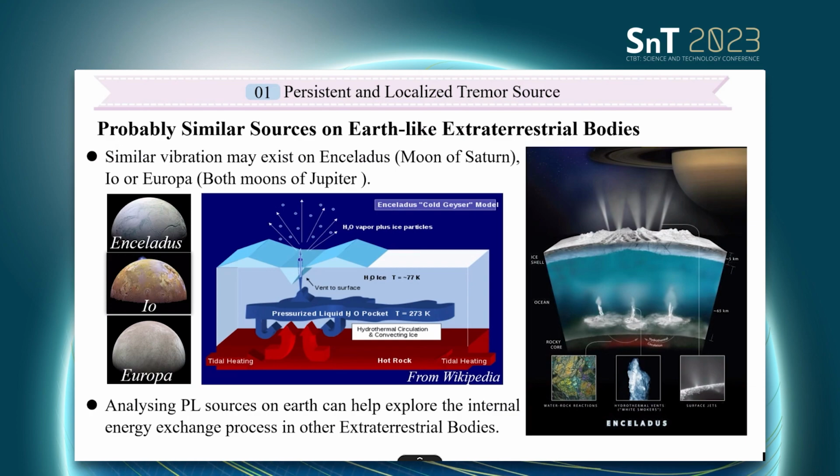Why do we study the PL source? There are 2 reasons. First, there are probably similar sources on other terrestrial bodies, like Enceladus, the moon of Saturn, and Io or Europa, both moons of Jupiter. So analyzing PL sources on Earth can help explore the internal energy exchange process in other terrestrial bodies.